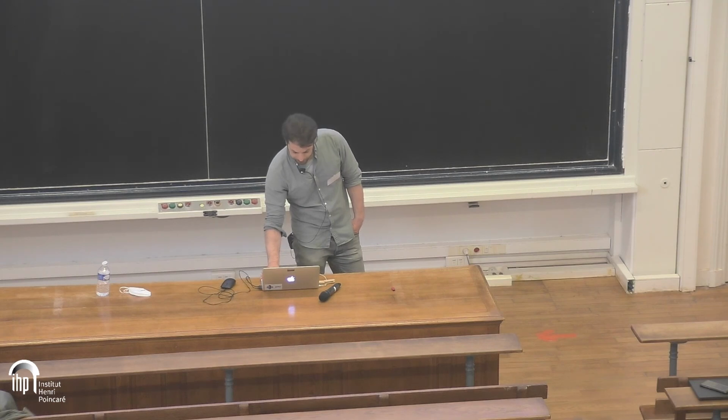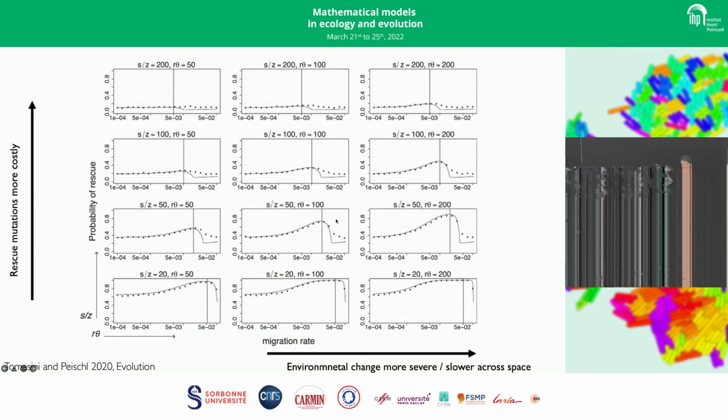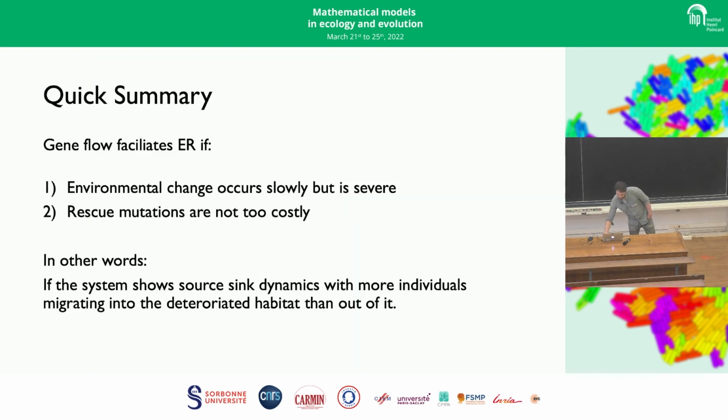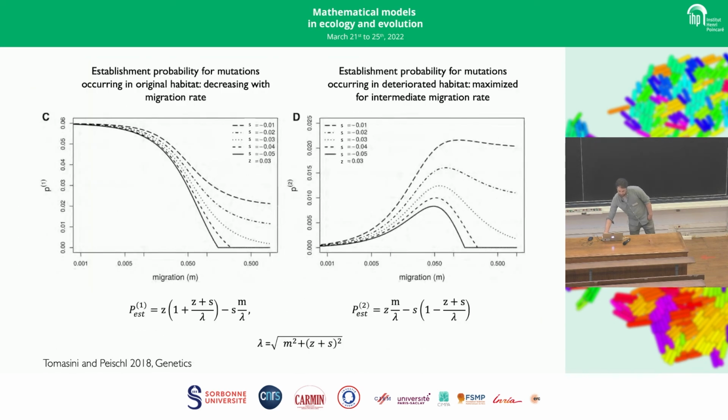When you see this, why is intermediate migration optimal and not large migration, right? The demographic effect is increasing with increasing migration rate. So that's one effect, the demographic rescue effect. But the genetic rescue effect decreases with increasing migration rate at some point, right?